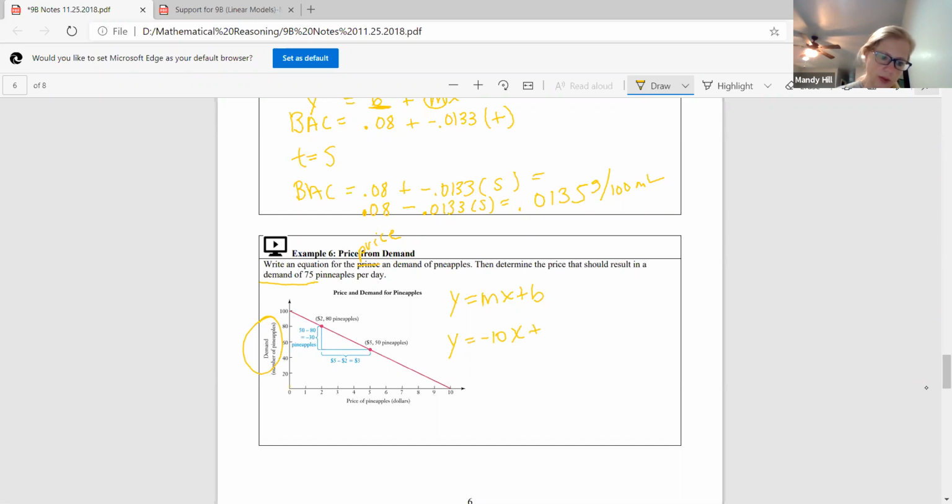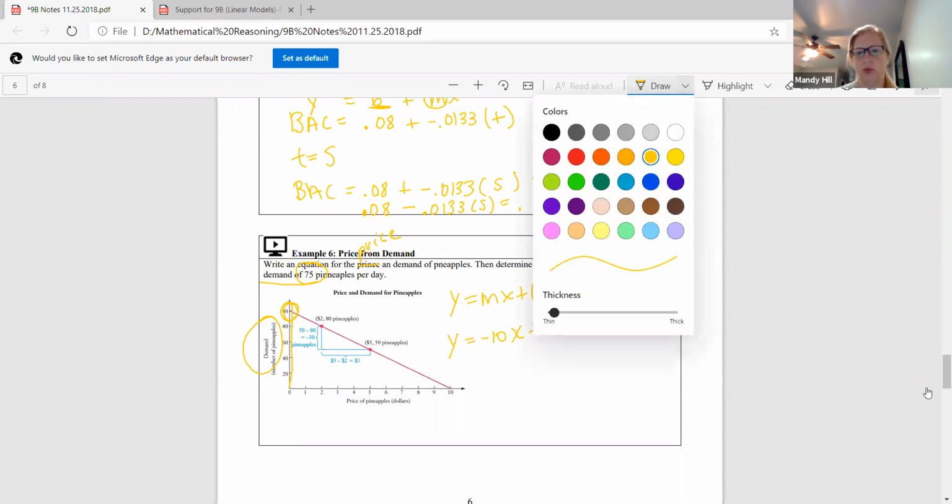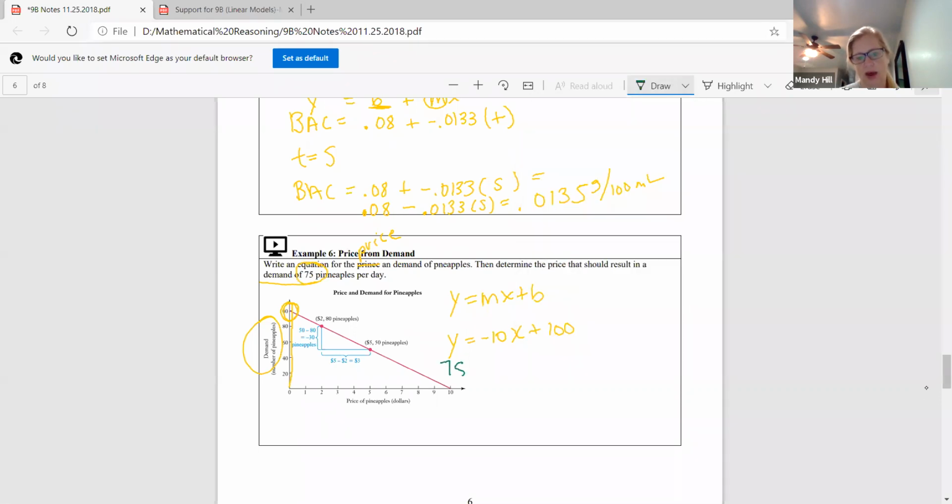On this problem, we're starting out with a demand of 100 pineapples. The question says, determine the price that should result in a demand of 75 pineapples a day. Well, the demand is our y. So we would plug in 75 for y and solve this problem. We would try to get x by itself.